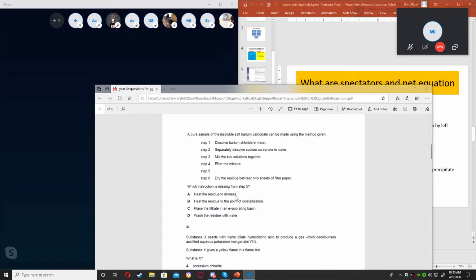Because how do we wash it? When we do the filtration, we have the filtrate, then we will let it dry, which we call crystallization. Later we will do crystallization. Good.